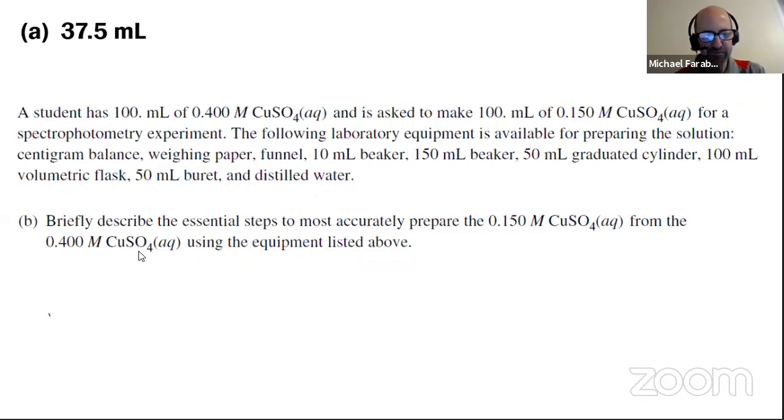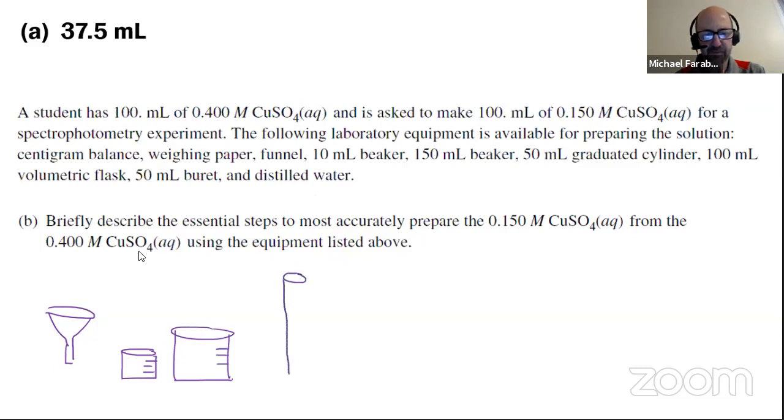So you have a funnel. We have a beaker. We have actually two different kinds of beakers. We have a graduated cylinder. And we also have a volumetric flask.